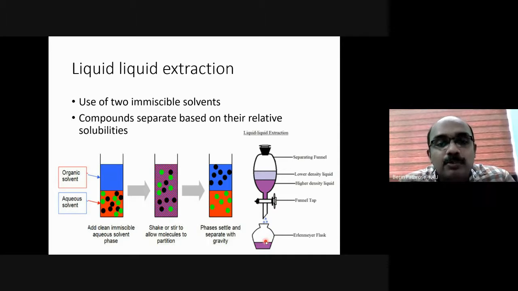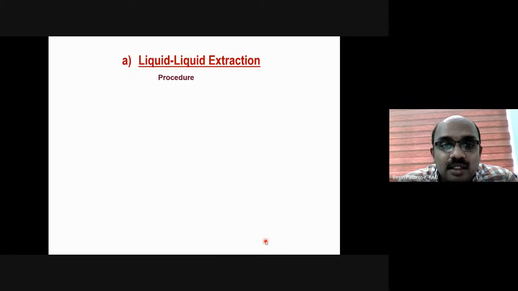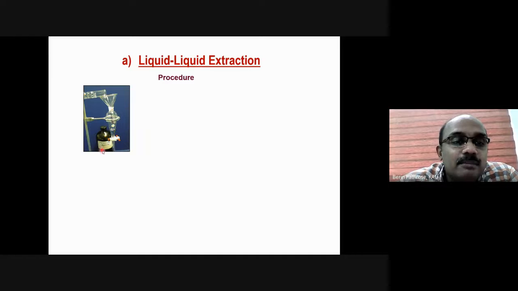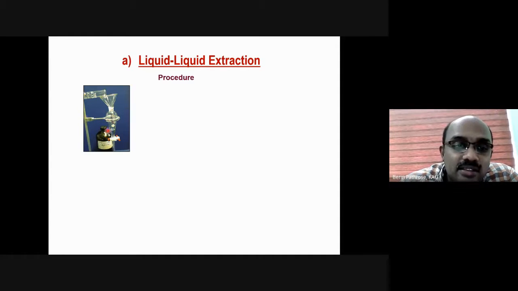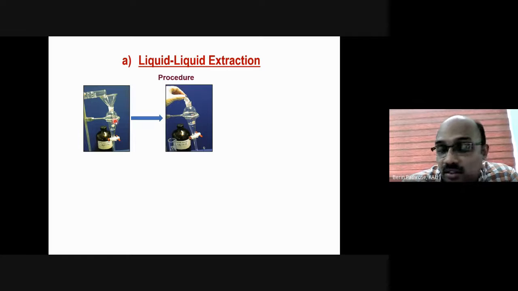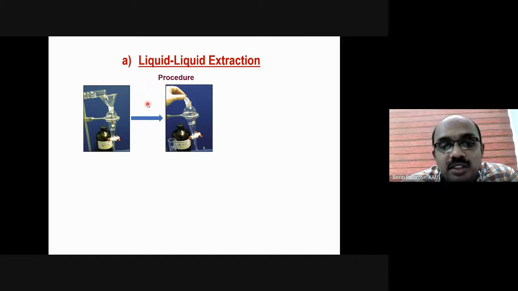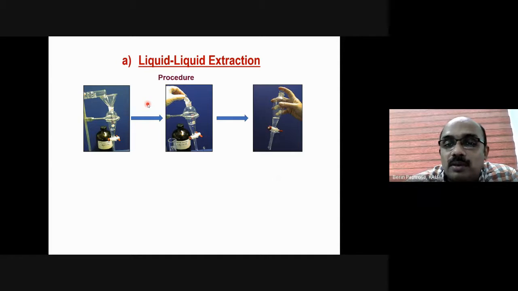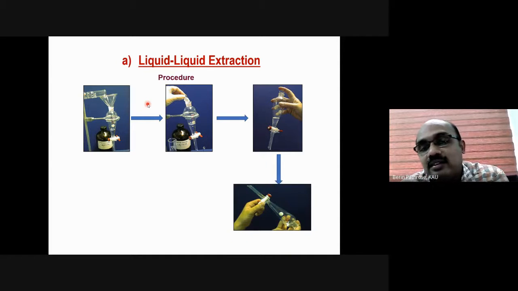I'll show a few more pictures. So this is the one. This is the stand. Methylene dichloride is nothing but dichloromethane. This is the stand. This is the pear-shaped separatory funnel. We are pouring the water and solvent into it. We are closing it. We are holding it properly, inverting it, releasing the pressure.